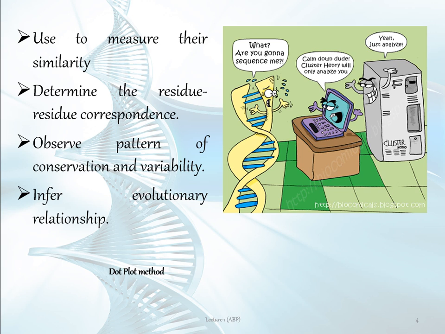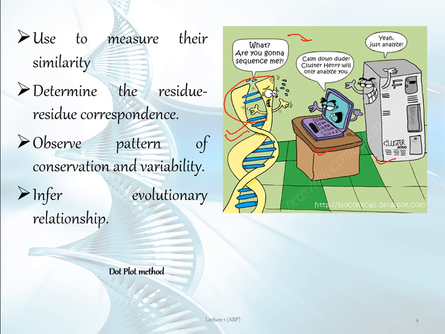So in this figure we show the DNA sequence asking what are you going to do with me? Here is the DNA sequence, one of the computer, and this is the analyzer. The DNA tells the system, what are you going to sequence me? Then the computer says, calm down dude, the cluster will only analyze you. Just analyze.